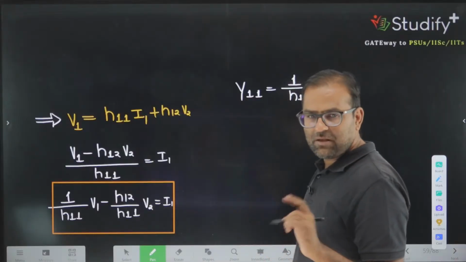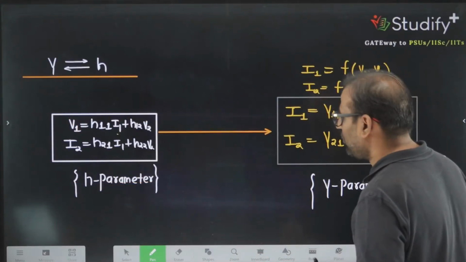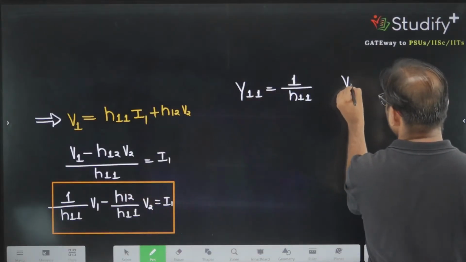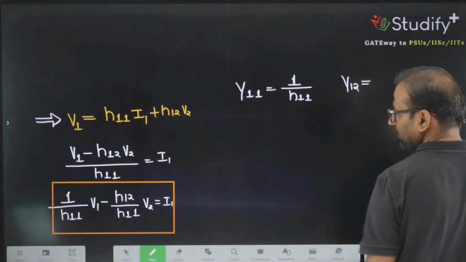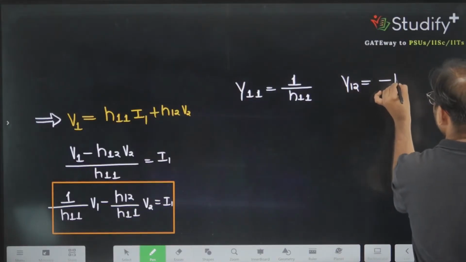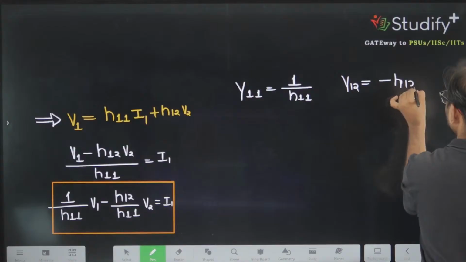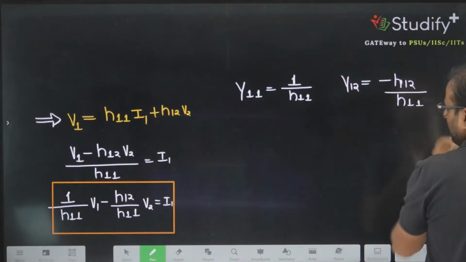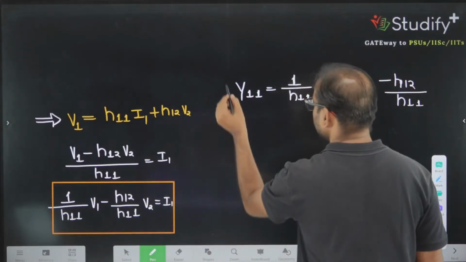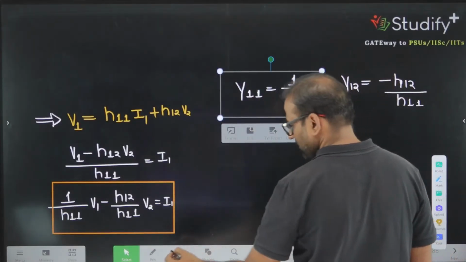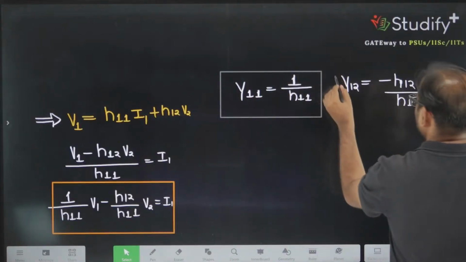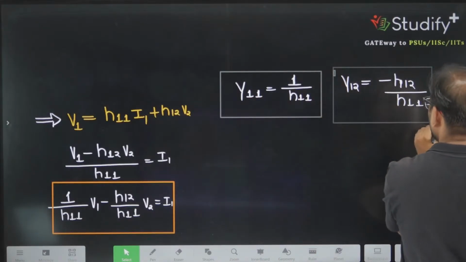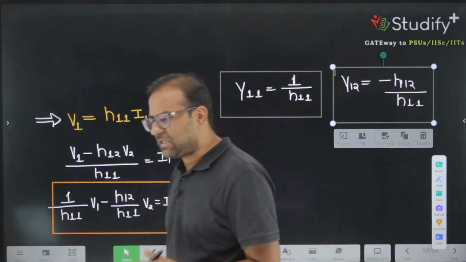And if you are interested in the value of Y12, Y12 is the coefficient of V2 and Y12 is given by minus of H12 divided by H11. These are two equations. So you can transform it into Y parameter also. Then we will see how you can connect these Y parameters.